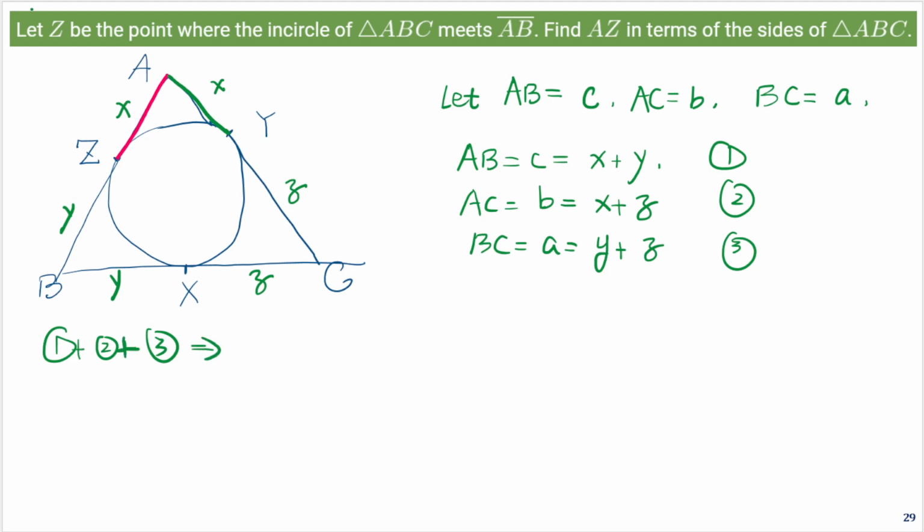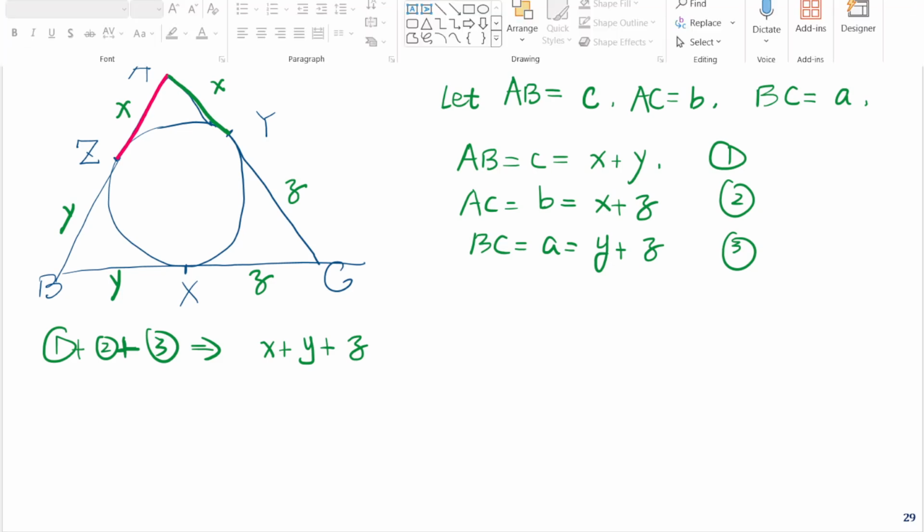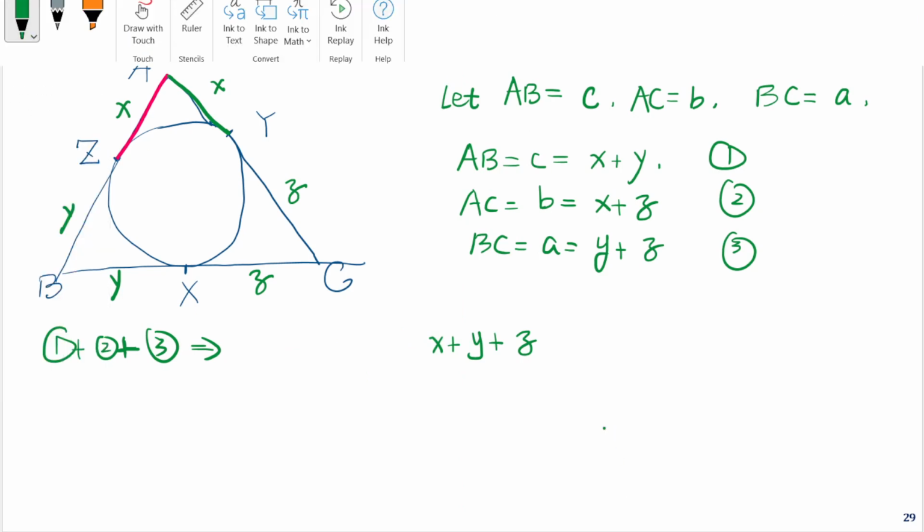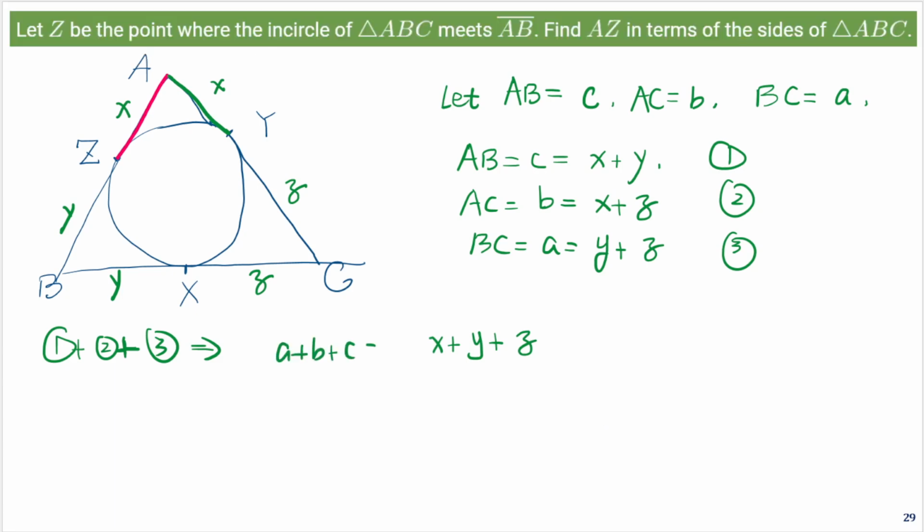On the left side, we have A plus B plus C. On the right side, we have twice X plus Y plus Z, right? And then we have X plus Y plus Z equals half of A plus B plus C, right?